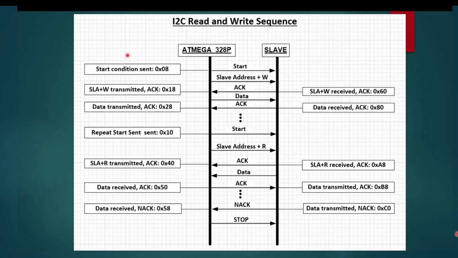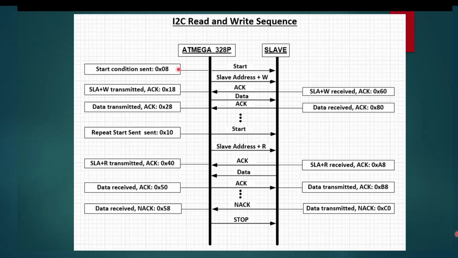Everything gets started when the master sends the start command. After sending the start command, it's going to wait till it can get the 08 code. At that point, it knows that the start command was transmitted successfully.